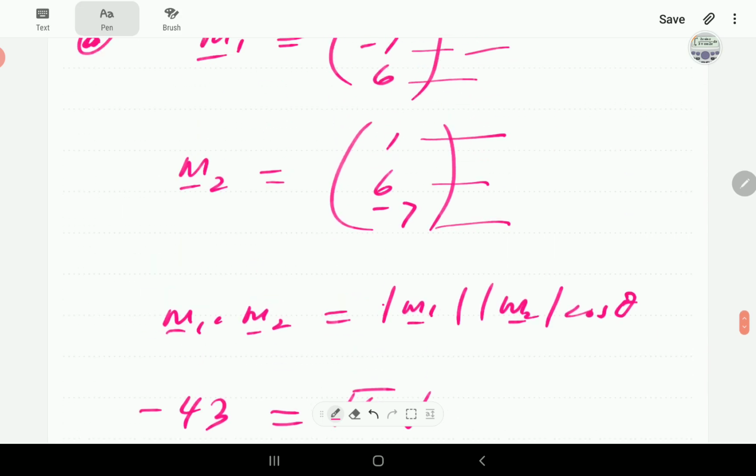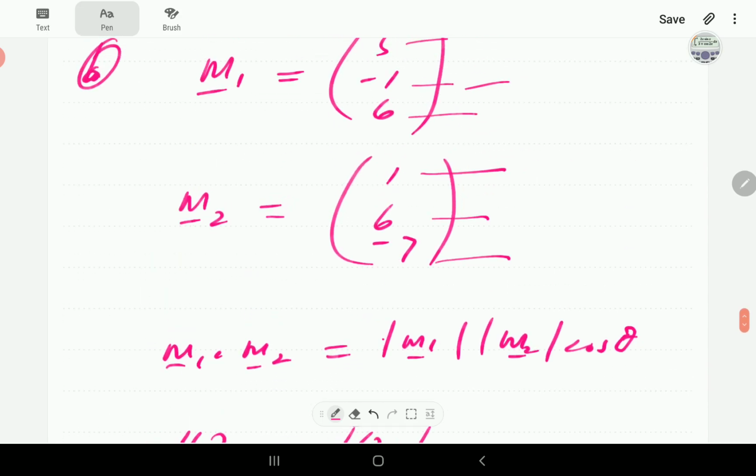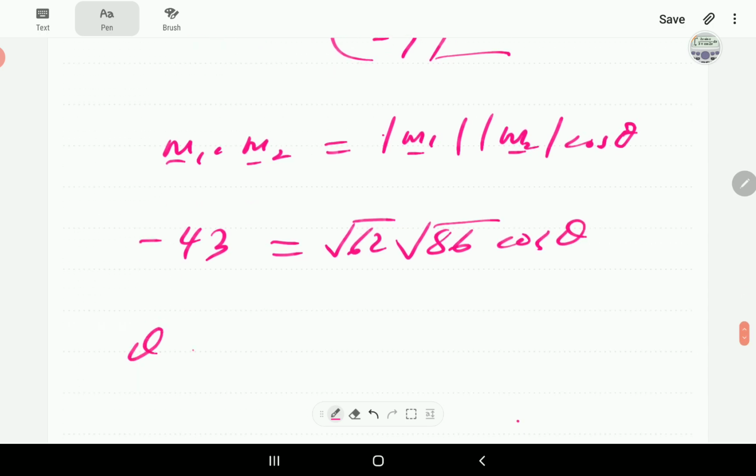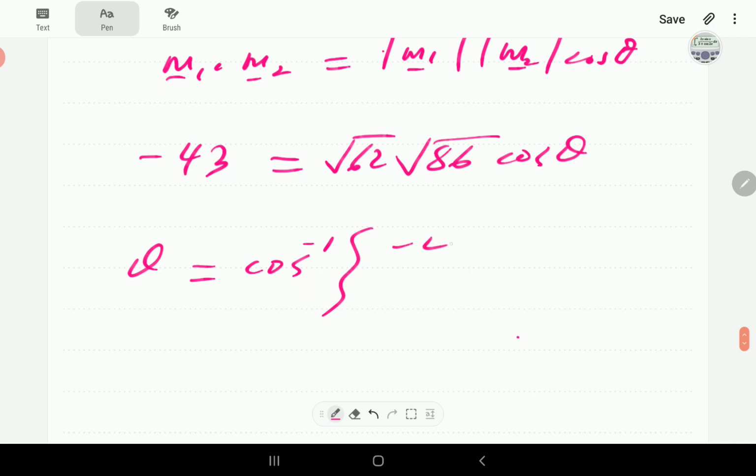Then the magnitude of m2 is going to be 1 plus 36 plus 49, which is 86. So theta is going to be the inverse cosine of negative 43 over square root 62 times square root 86.